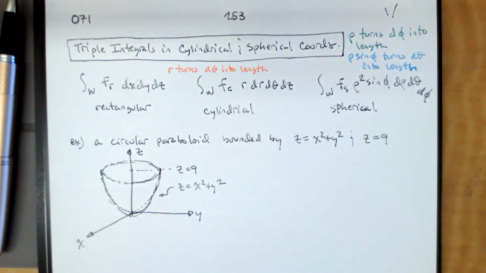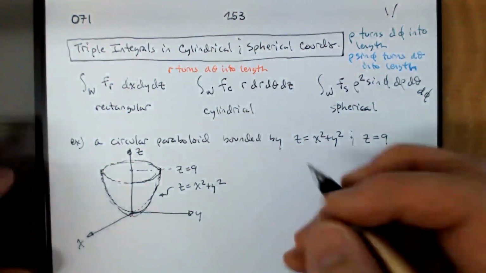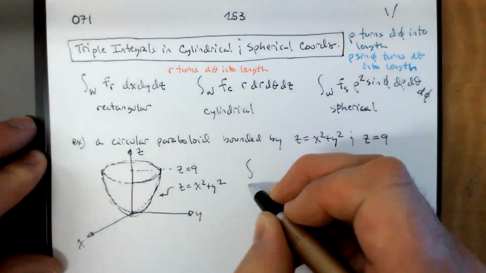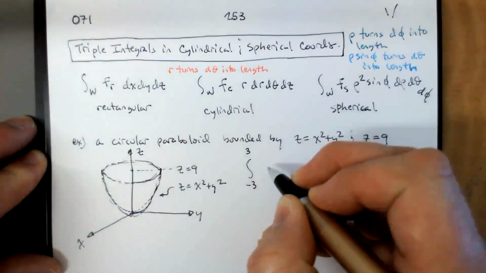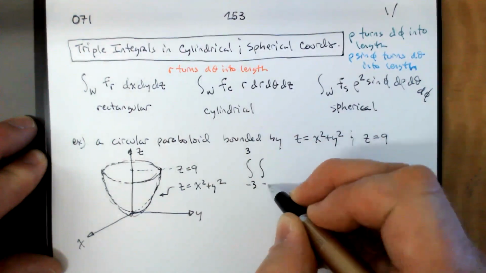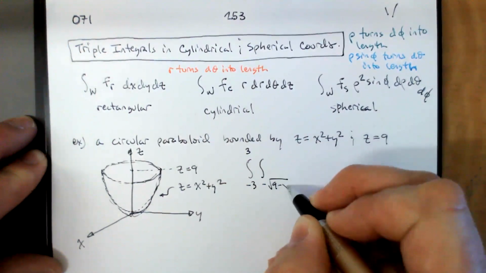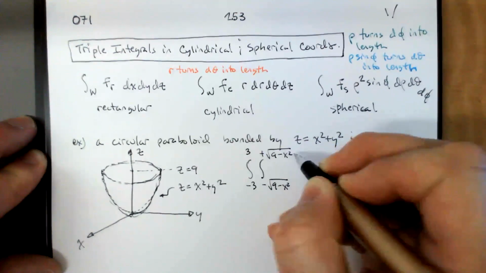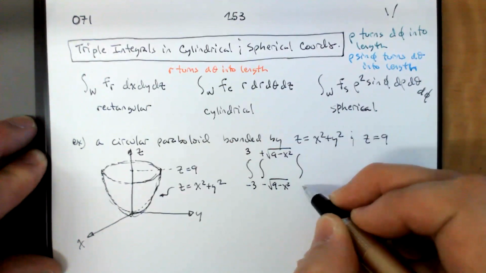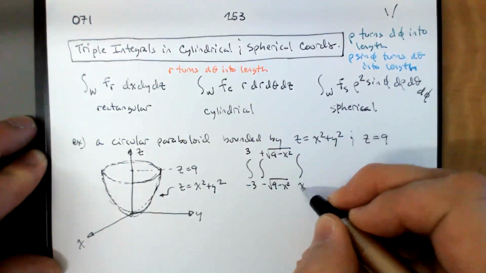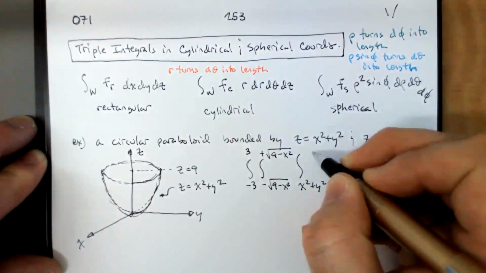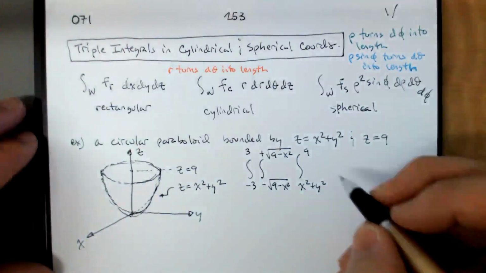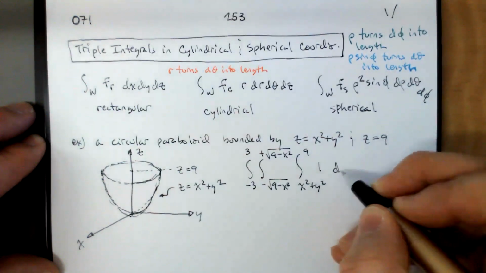In rectangular coordinates, we would integrate x from -3 to 3. We would integrate y from the negative square root of 9 minus x squared to the positive square root of 9 minus x squared. And we'd integrate z from the paraboloid up to the top plane, which is 9.